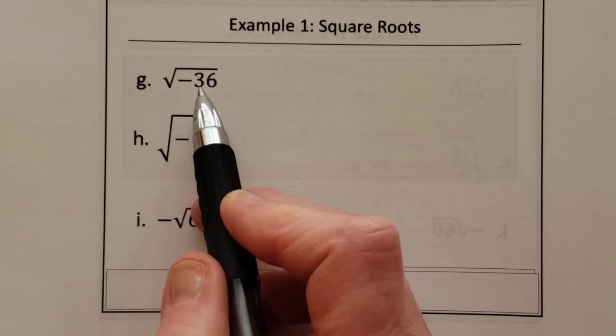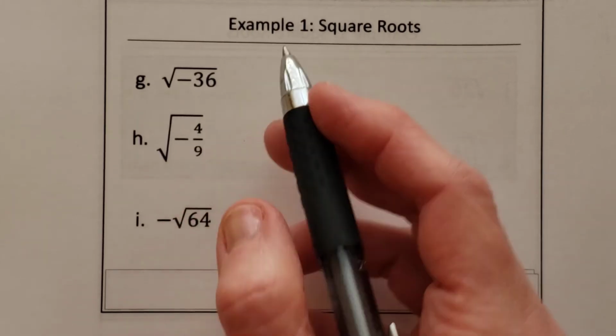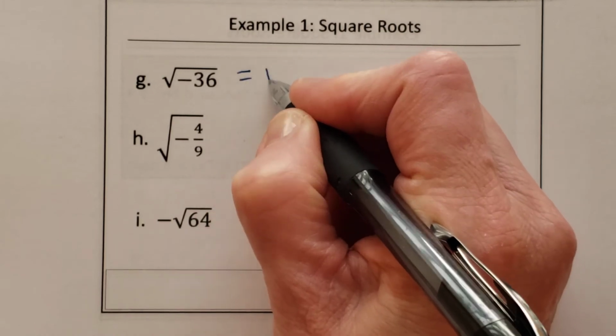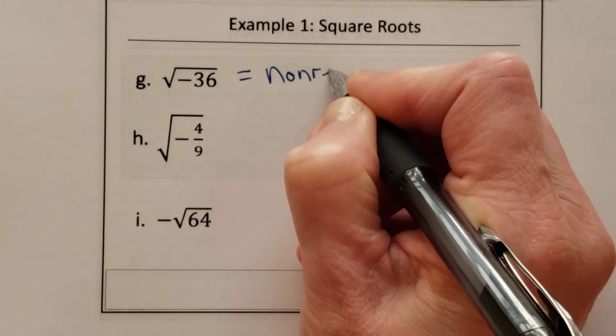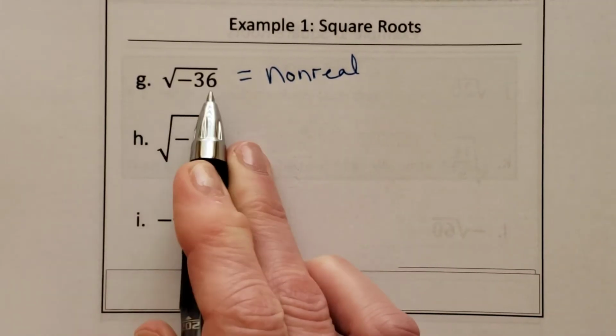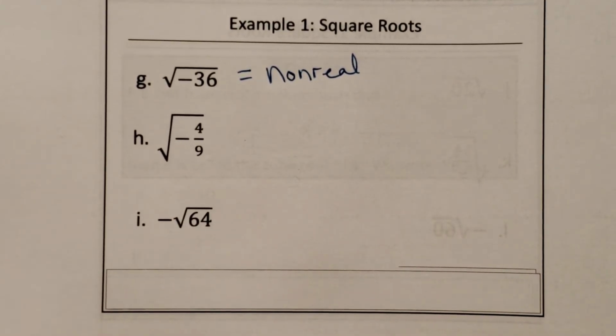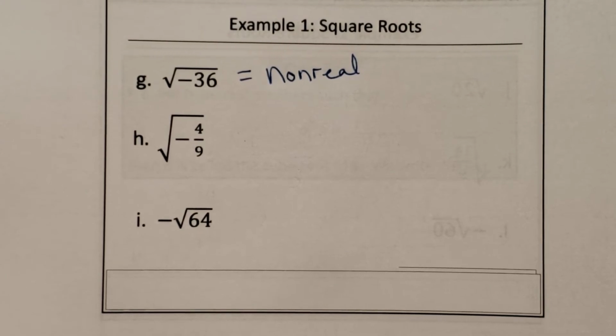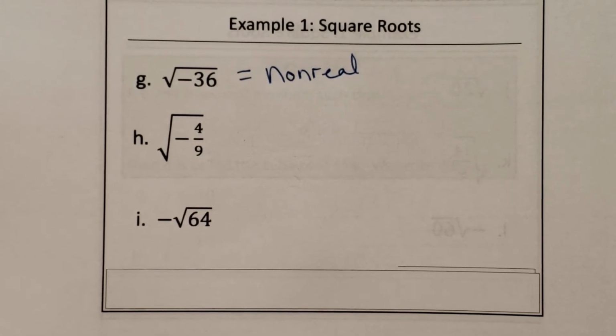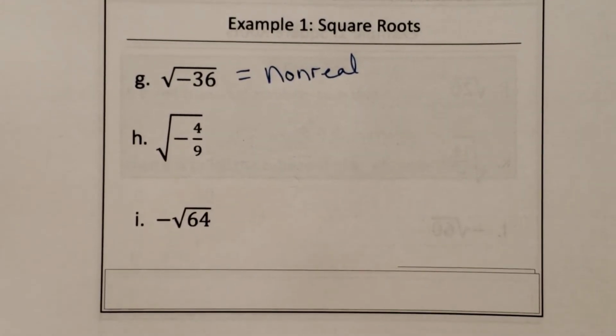If you square a negative number, you'll also get a positive number. So this is actually a non-real number. If it asks you for the square root of a negative number, the answer is non-real. It doesn't exist. So when you get into college algebra, you'll deal with non-real numbers, but not in this unit, not in this course. So the answer is just simply non-real.